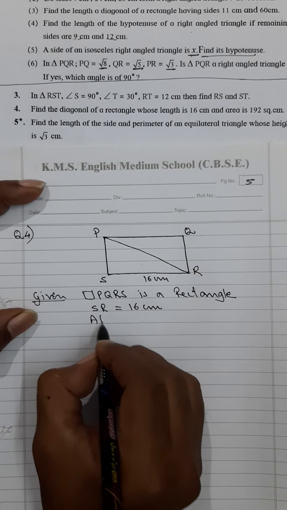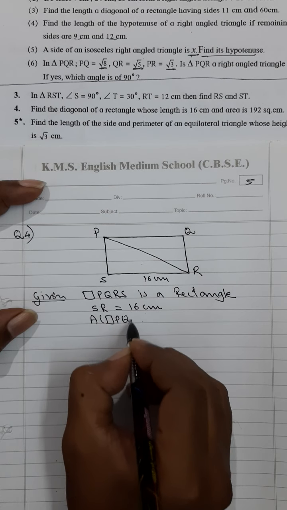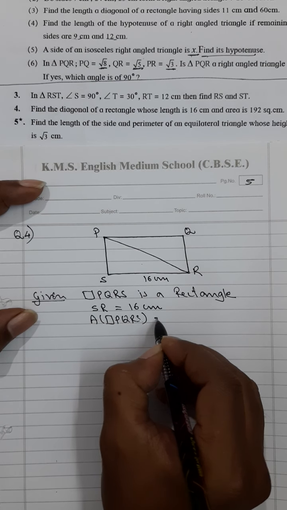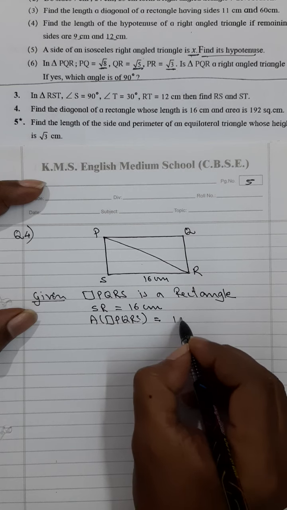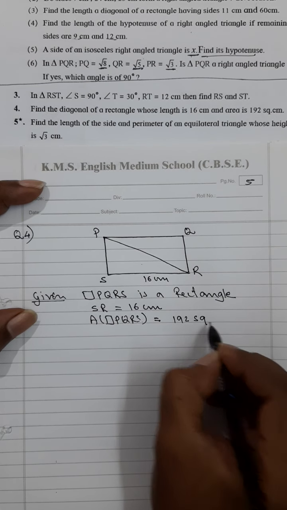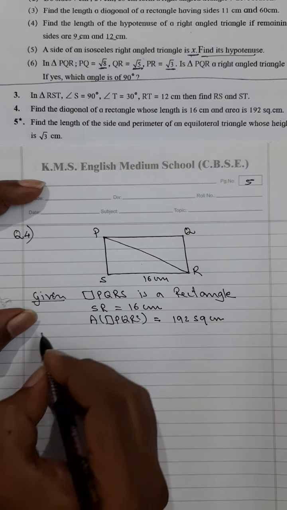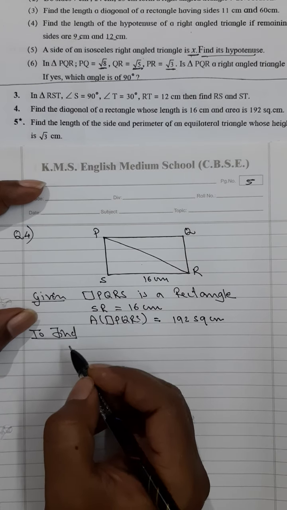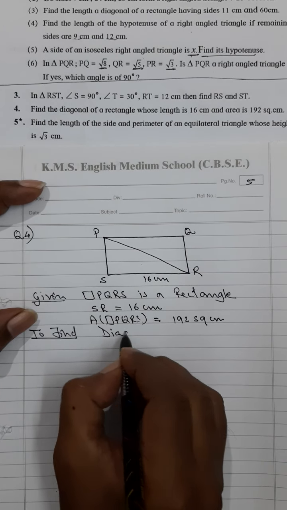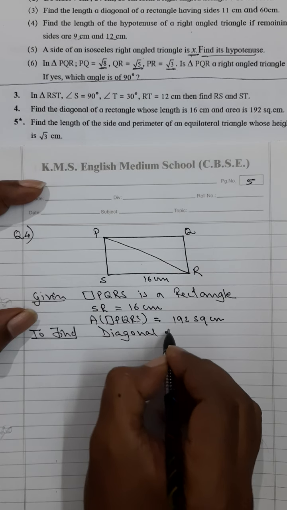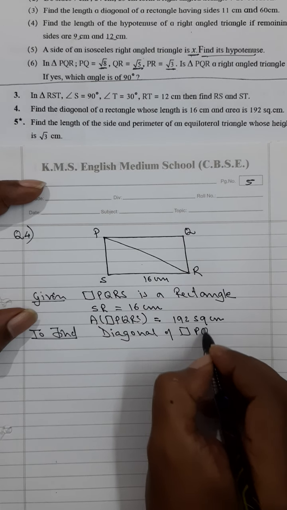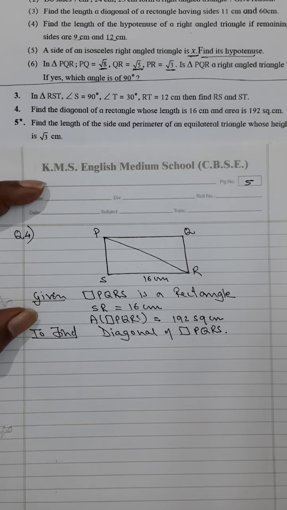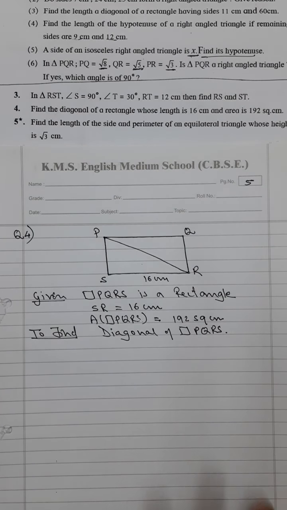Of course, they have given the area of quadrilateral PQRS is equal to 192 square centimeters. To find the diagonals of quadrilateral PQRS, basically PR and also SQ. So here it's very simple.